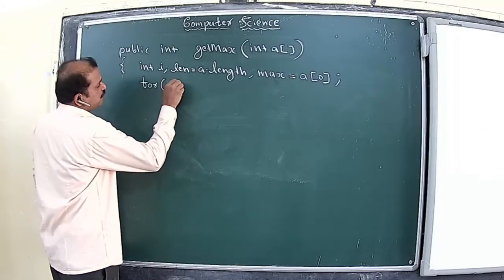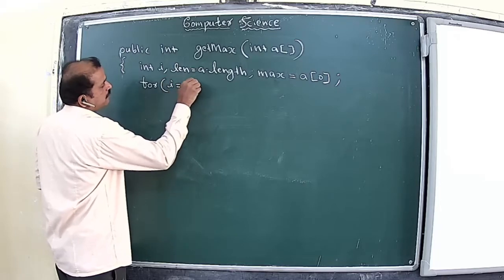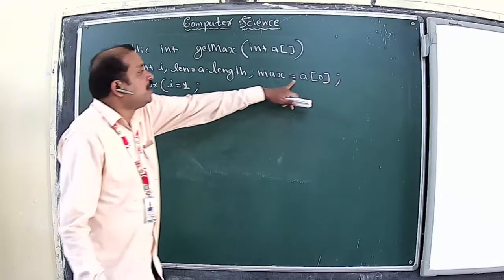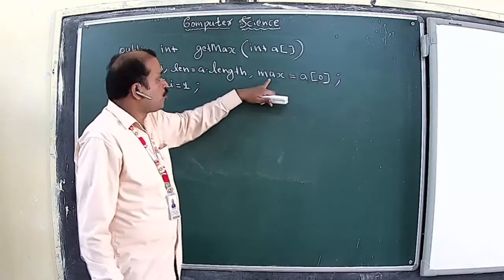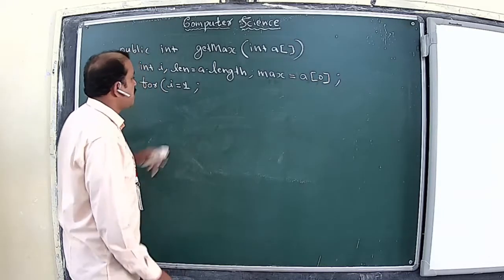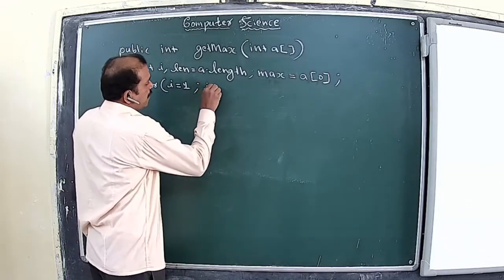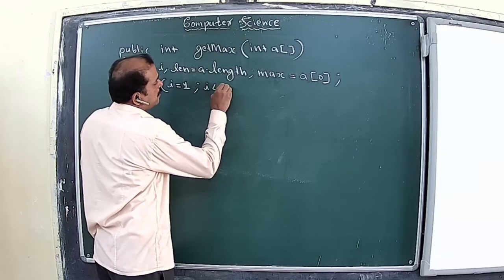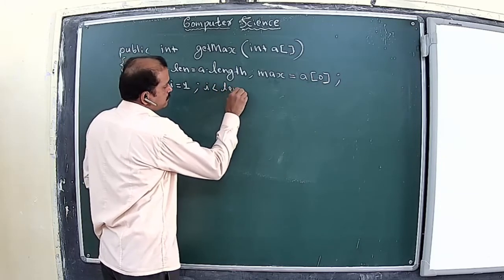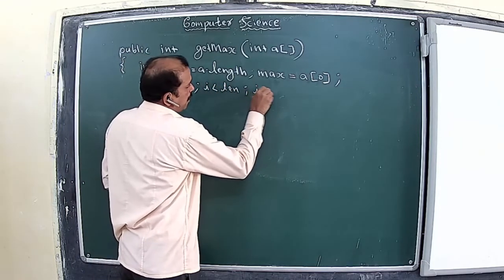Instead of starting from 0, we can start with 1, because the value of A of 0 is already stored in this variable, so we can start with 1 and i less than len, i plus plus.